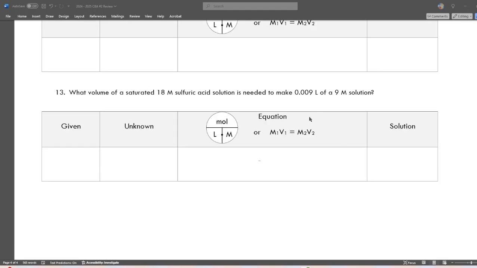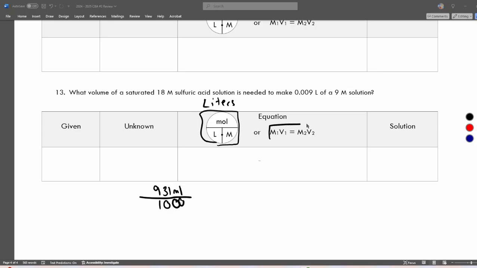Okay, there's one more thing I wanted to add to this part. Don't forget, if we're doing this one, this one has to be in liters. It must. So if you get milliliters, like let's say you got 931 milliliters, you need to divide by 1,000 to get liters.